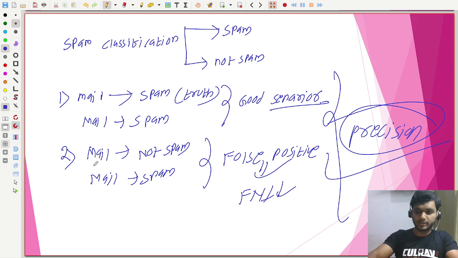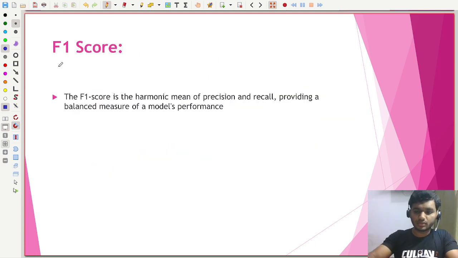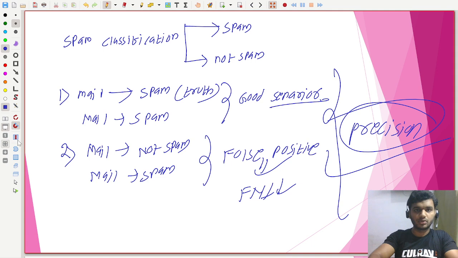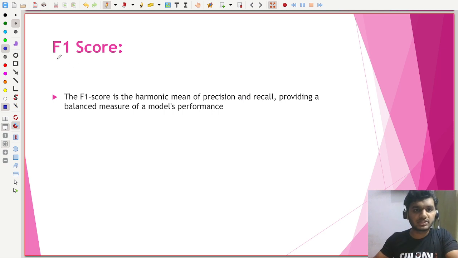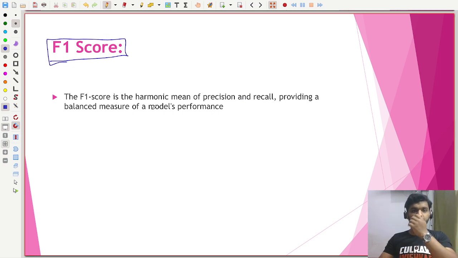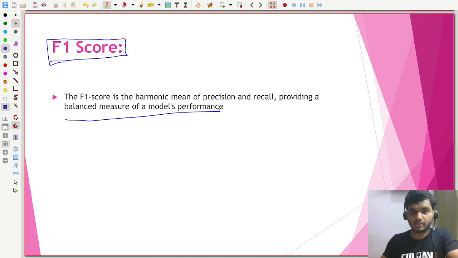After that, we will notice one of the important performance metrics, that is F1 score. The F1 score is the harmonic mean of precision and recall, providing a balanced measure of model performance.